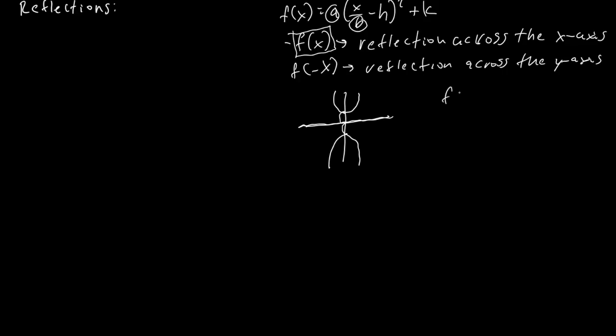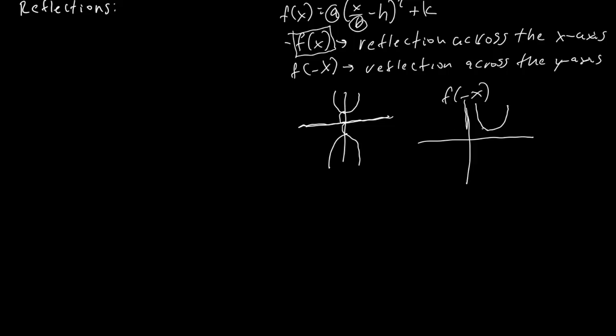Similarly for f of negative x, it's reflecting across the y-axis, which also makes sense, because if you have a function here, you're basically making every single x value negative. So you're keeping the y values, so it should look the same shape-wise and direction-wise, but you're kind of flipping it over the y-axis.